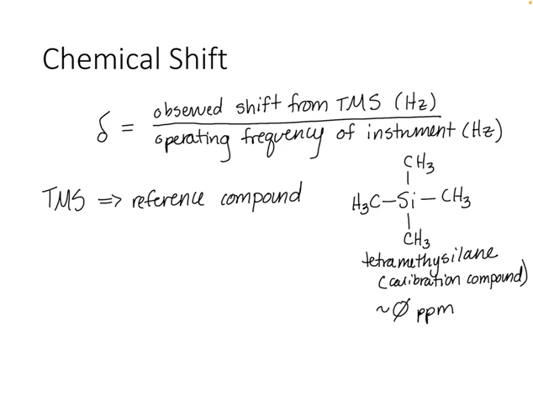All right, now let's look at some examples of how we would figure out the chemical shift. All right, so let's say that we have benzene.